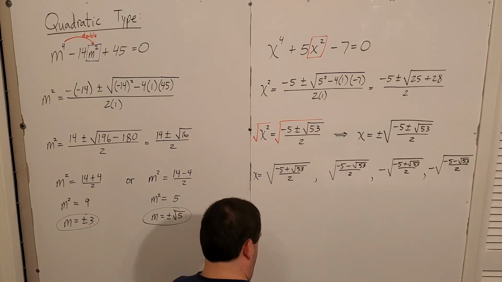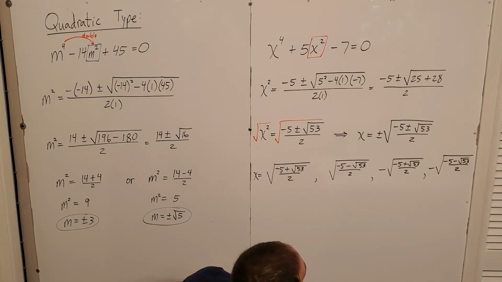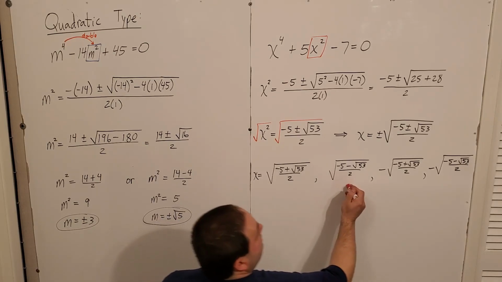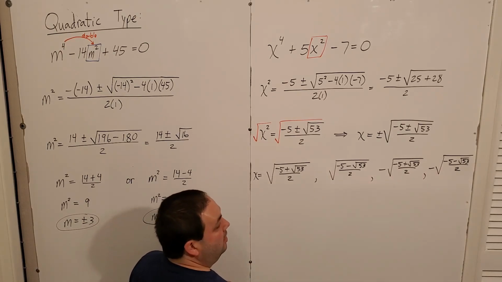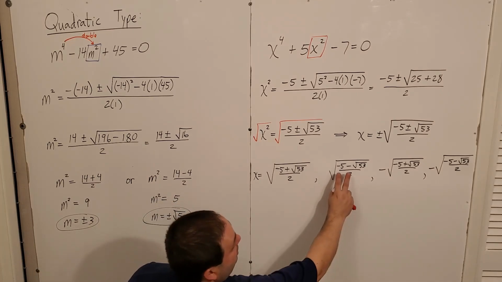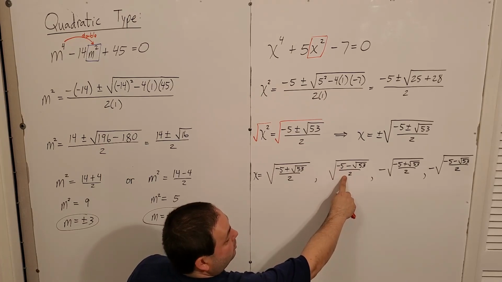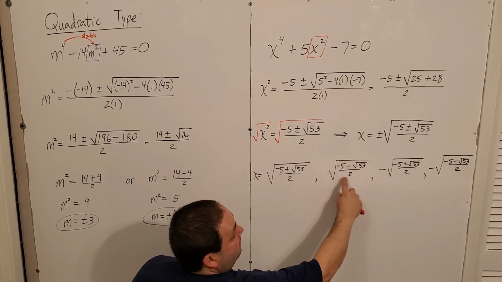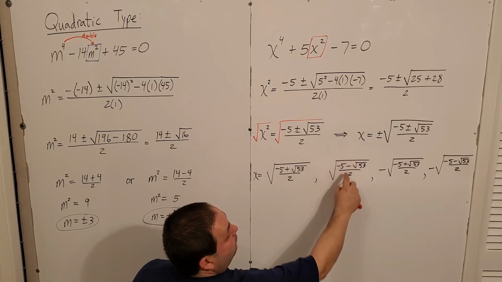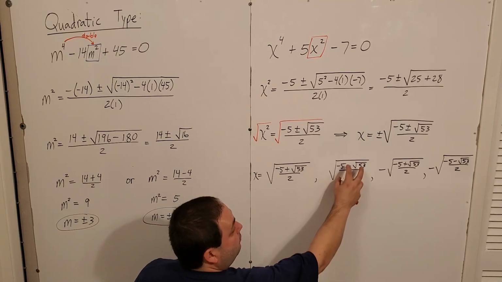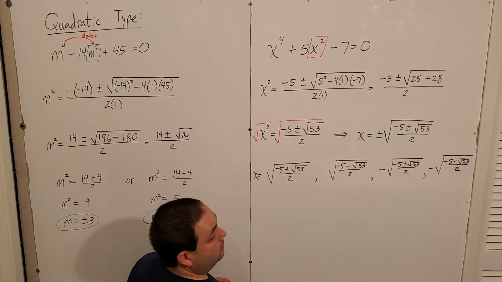Okay? Now, real quick, I'm going to need you to realize that the second and fourth possibilities are imaginary. Because notice, the numerator is going to be negative. The denominator is going to be positive, which is going to make the entire inside of this square root negative. This is the square root of a negative value. Okay?